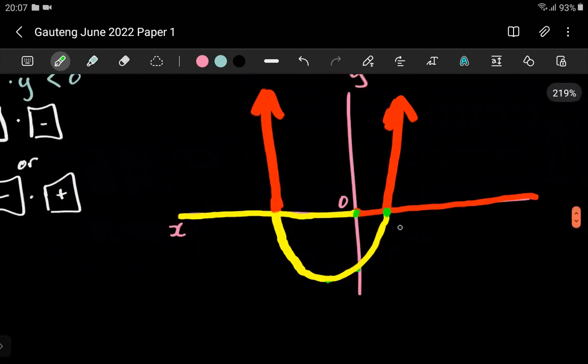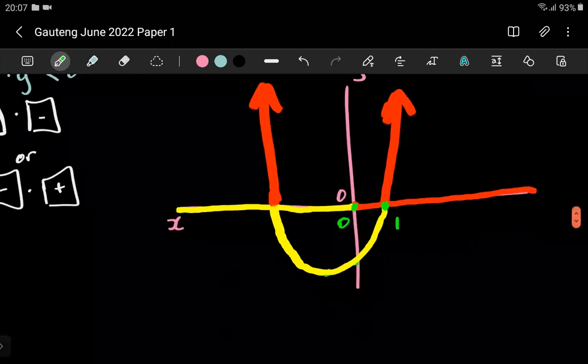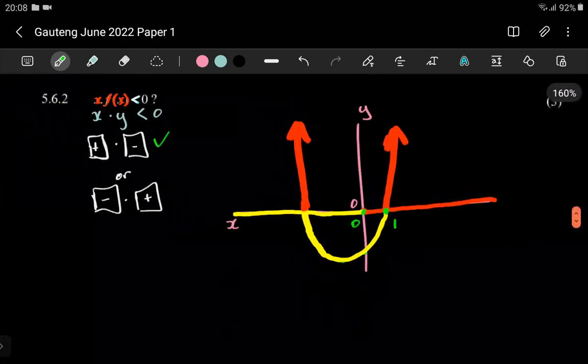This x value is a positive 1. This x value is 0. So between 0 and 1 is a portion where you have positive x values together with negative y values, which is definitely going to give us a negative value. Because if you put a positive x value here and a negative y value, these two multiplied together will give you a value smaller than 0.